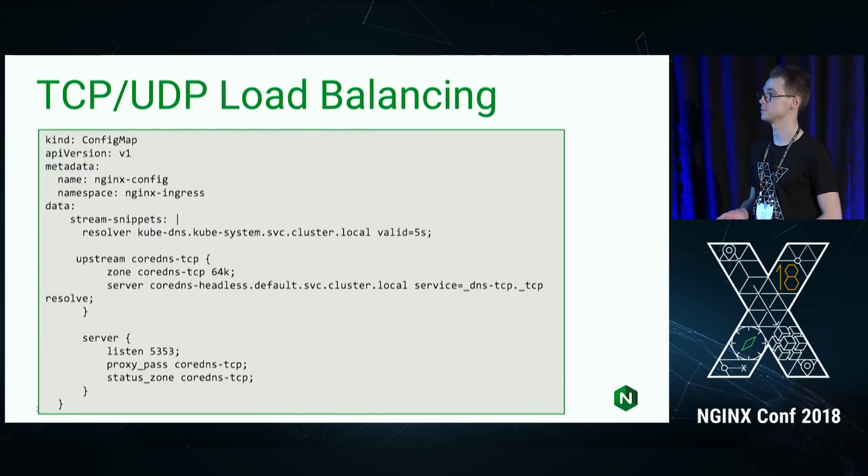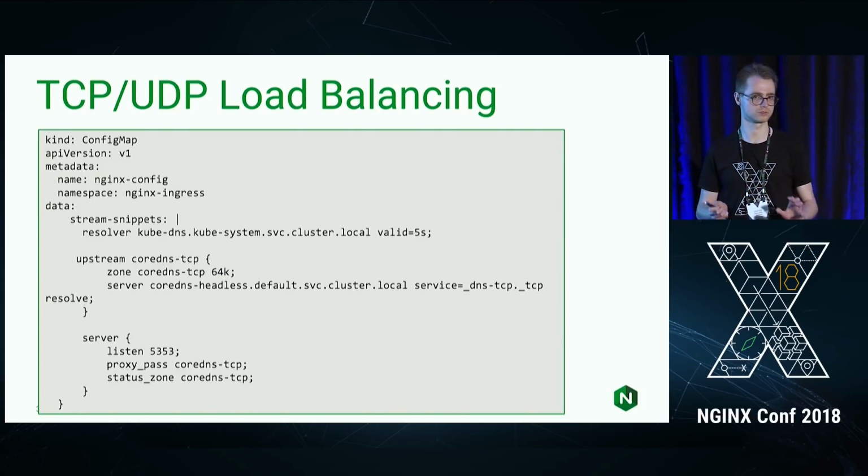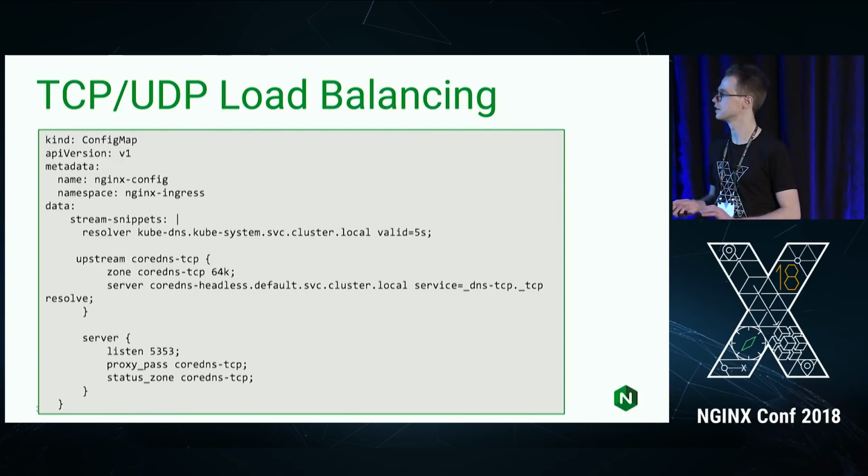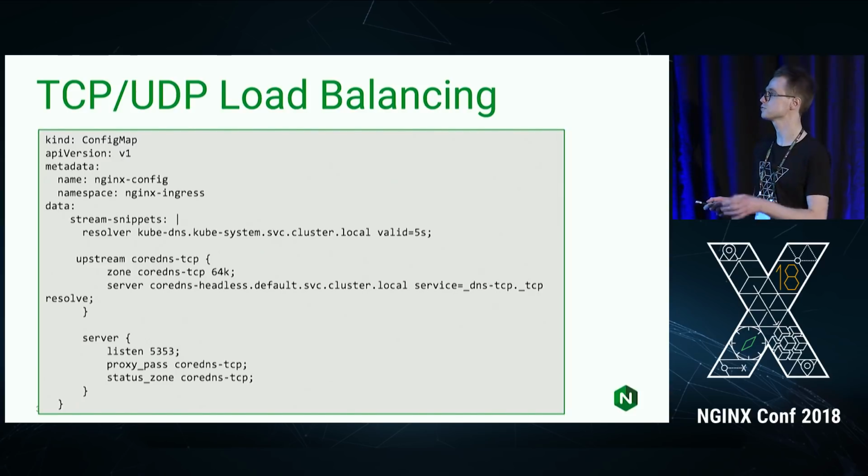We also support TCP and UDP load balancing through the snippet. The Ingress resource does not support TCP or UDP load balancing, only HTTP. But you can use TCP and UDP load balancing with NGINX Ingress controller by inserting raw NGINX configuration using stream snippets.